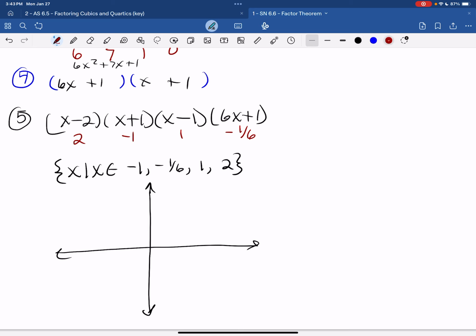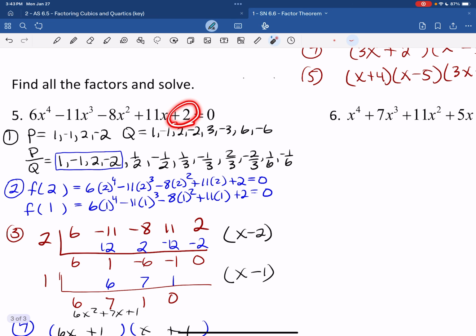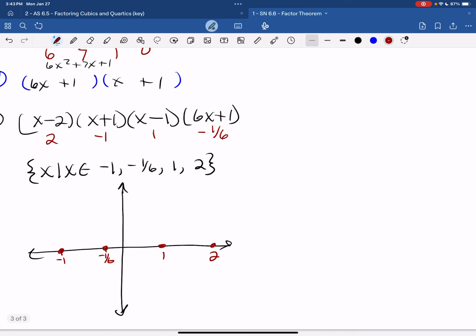All right, so first up, we're going to put a -1 as a solution, then a -1/6 as a solution, then a +1 as a solution, and then a 2. And then my y-intercept is the constant. The constant was +2. So that's going to put my y-intercept up here at +2.